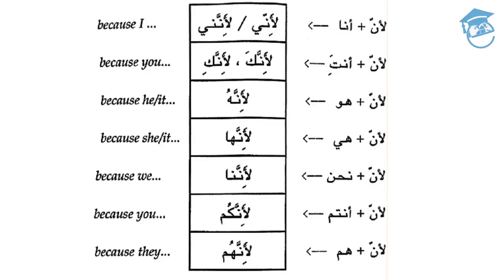If we want to say because she or because it, we say لأنها. To say because we say لأننا. Because you, plural, لأنكم. And because they, لأنهم.